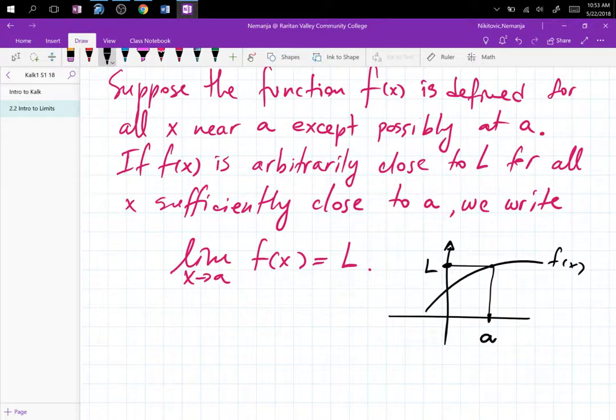It works just fine. So technically what they say is that there is some neighborhood of points around A that will translate into the neighborhood of points around L, and then that's what I mean sufficiently close, right?